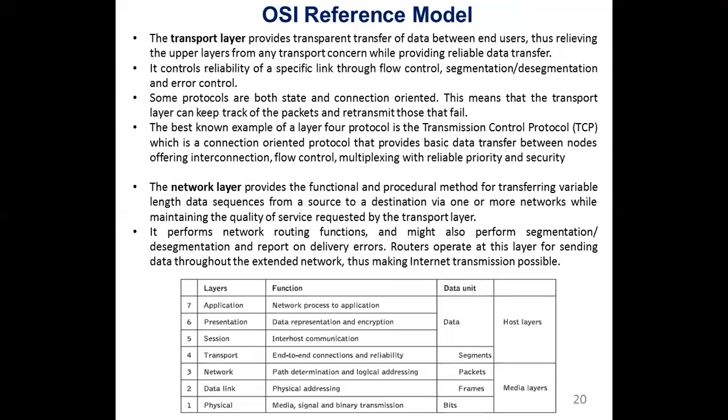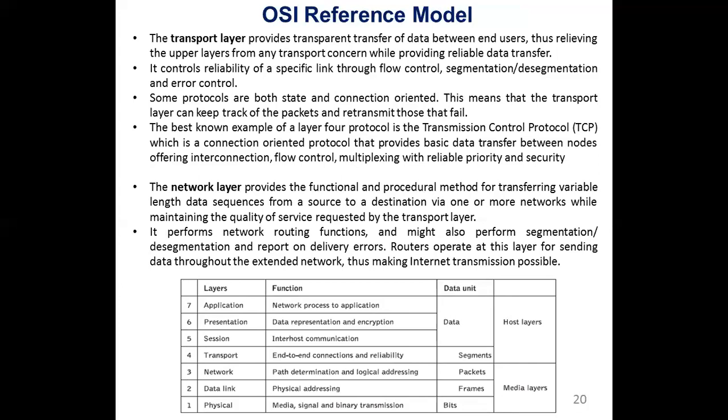Next we come to the transport layer. It's one of the most important layers because it helps transfer the data between the end users, two users who are trying to communicate. In this manner, it relieves the upper layers from any transport concerns. So it is the only layer which takes care of the entire transport. You can use any type of protocol here, connection-oriented or connectionless.